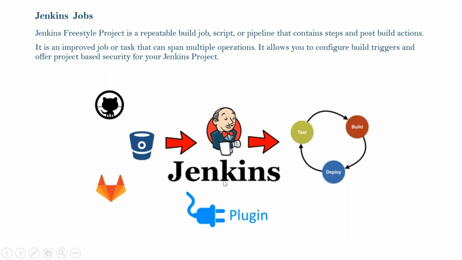The plugin symbol means that whenever Jenkins has to communicate with any one of the central repositories, the respective plugin or software has to be installed on Jenkins. Once that is done, Jenkins will take care of the rest: testing, build, and then deployment. But everything is not done by Jenkins itself. It will be done by various other tools.